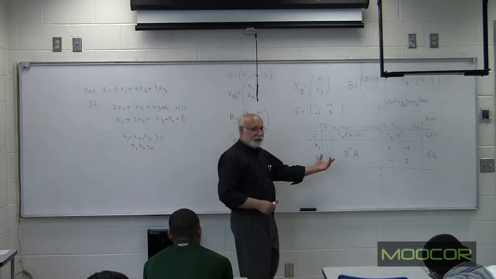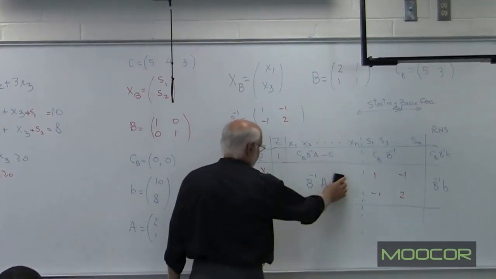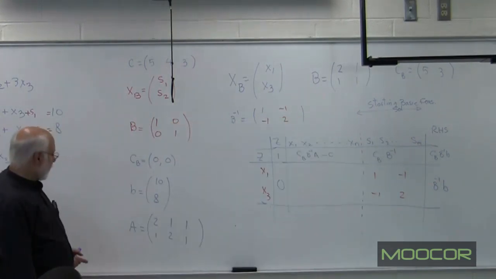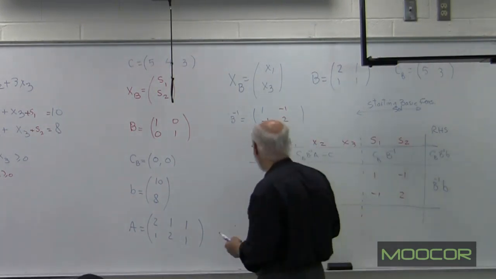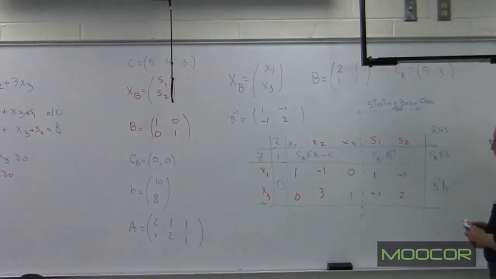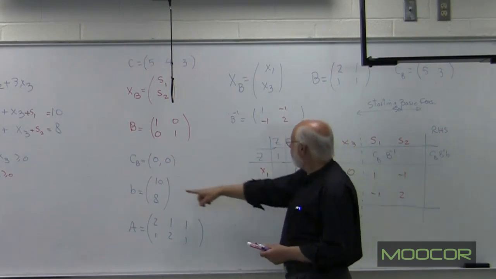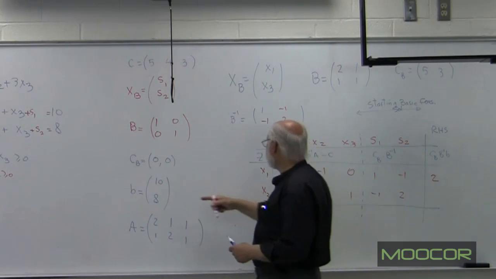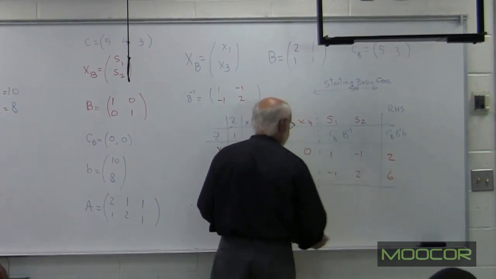What would I have in here? B inverse times A. You start multiplying. I'm going to multiply this by A. B inverse times b, you would have 10 minus 8, 2, and minus 10 and 16, that is 6.